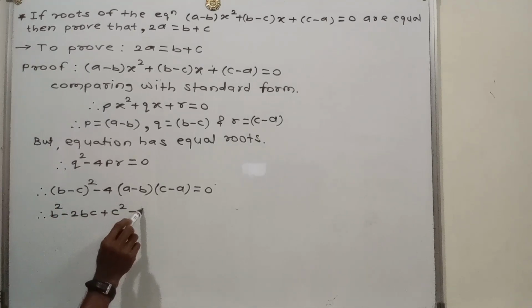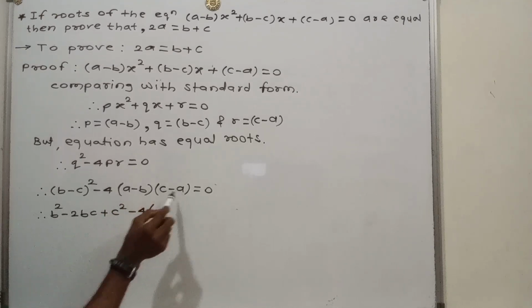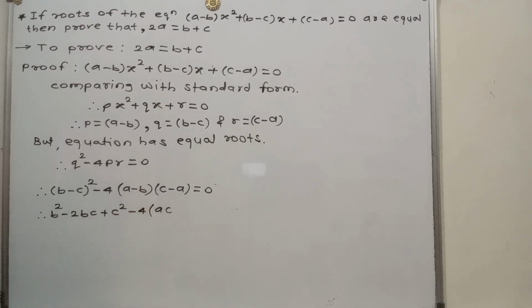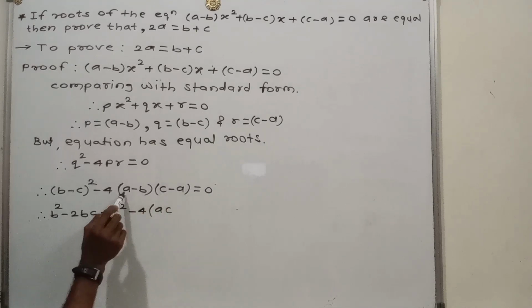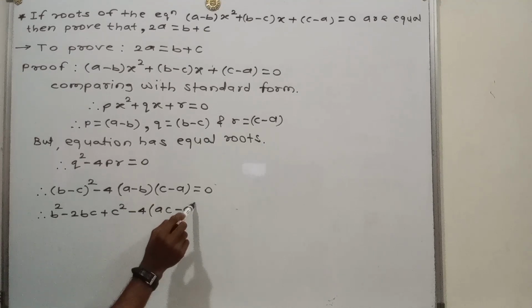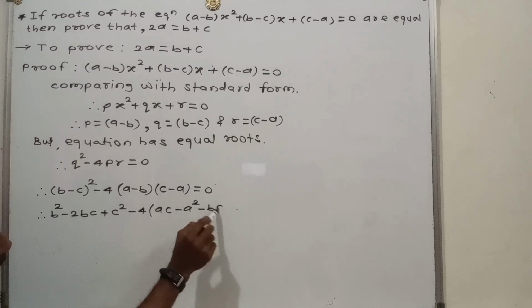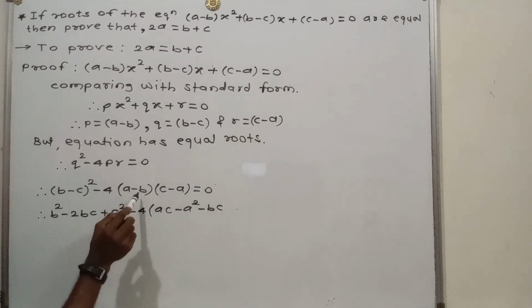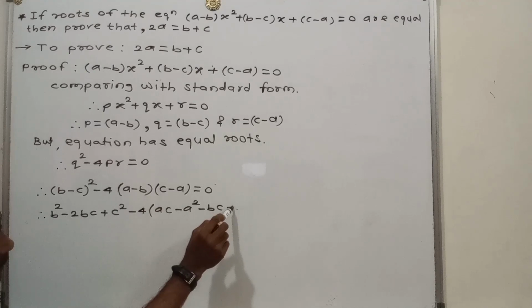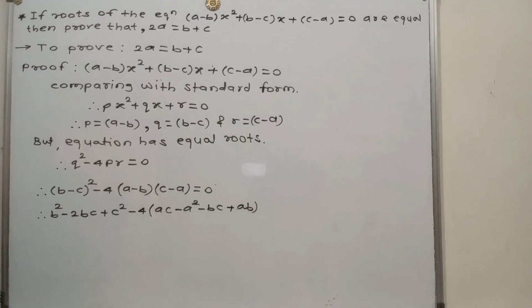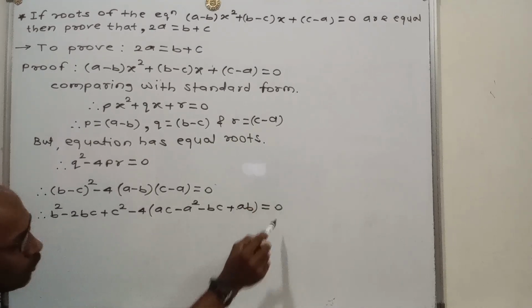Here minus 4, see this, (a − b) into (c − a): we multiply the brackets. a into c is ac, a into minus a means minus a², then minus b into c means minus bc, and minus into minus plus b into a, ab, is equal to 0.